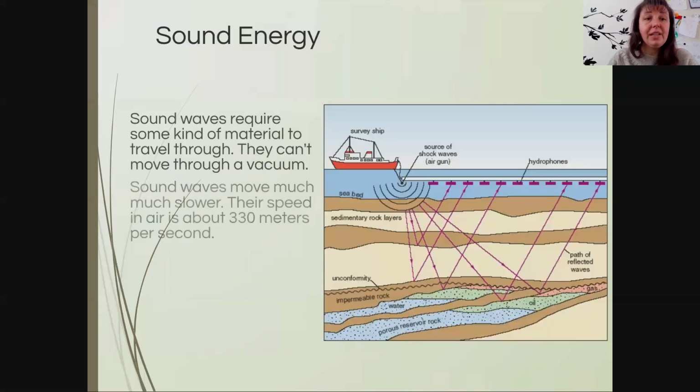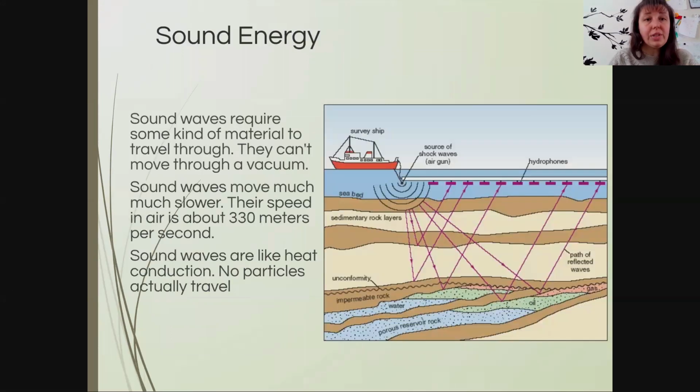Sound energy. Sound energy requires something to move through. So sound energy cannot occur without something for the radiant action to move through. It could be a liquid. It could also be a solid material, some solids transfer sound through them, but not very far. It gets dulled very quickly.